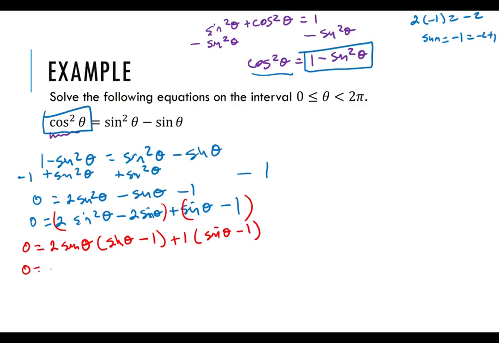And so that's going to be 0 is equal to sine of theta minus 1 times 2 sine of theta plus 1. Then I can use the zero product property. 0 is equal to sine of theta minus 1, and 0 is equal to 2 sine of theta plus 1.